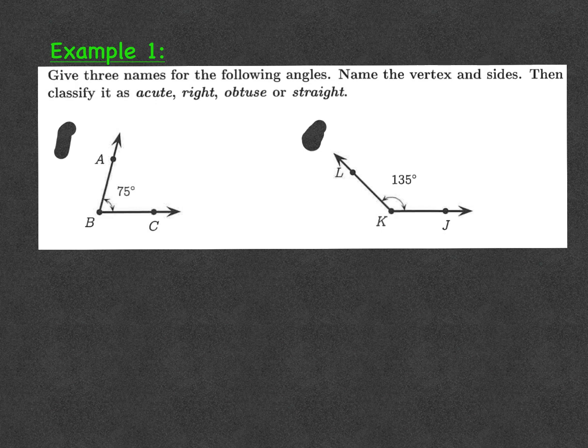Then it says classify as acute, right, obtuse, or straight. So then I have to classify it. How many answers do I need to have on these? 7. These are just like your worksheet, number 1 through 10. Same directions. Number 1 through 10 on the worksheet has 7 answers on every one. So 70 answers in the first 10 problems. It's pretty intense. But it's not nearly as bad as it might seem.